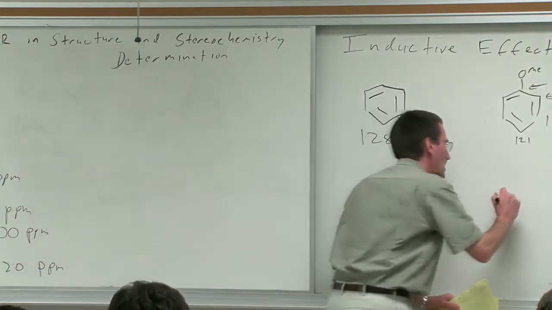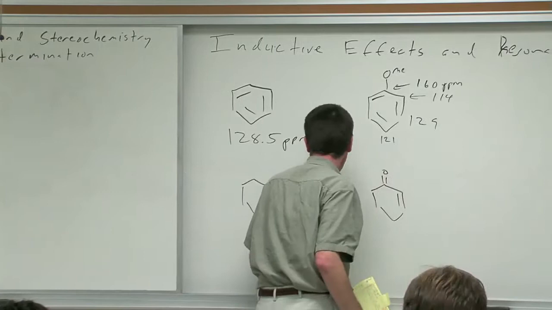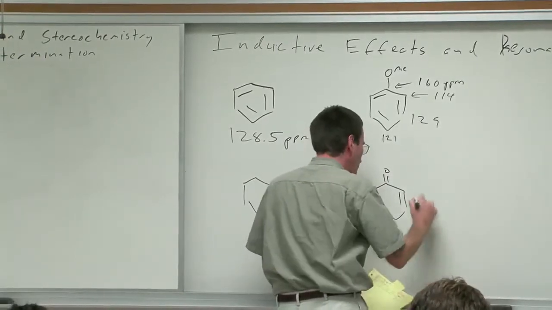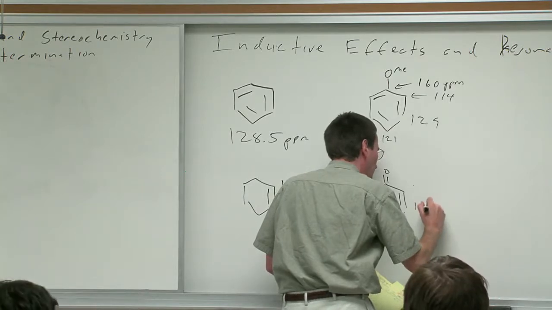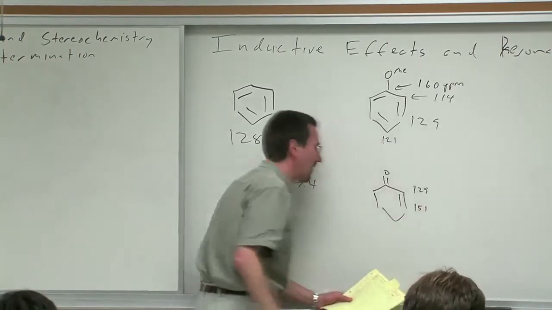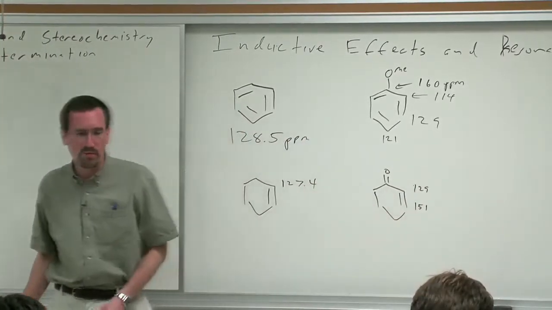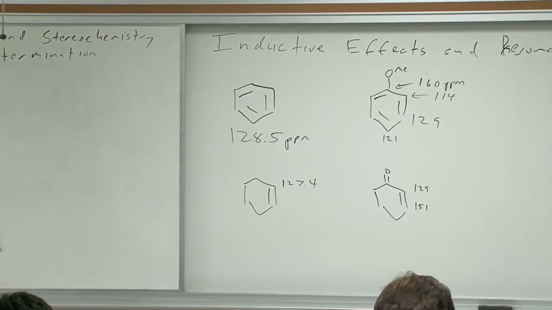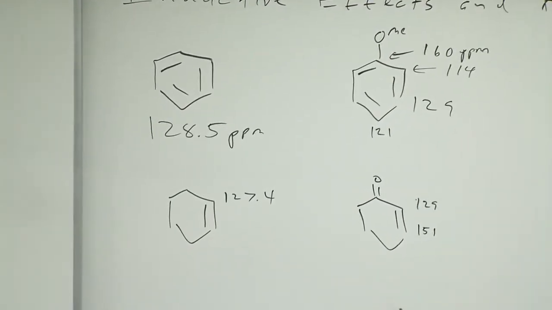Let's compare that to cyclohexanone. In cyclohexanone, we see a very big effect at the beta position and just a little inductive effect at the alpha position. The beta position is 151 ppm, and the alpha position is just shifted downfield by a hair.